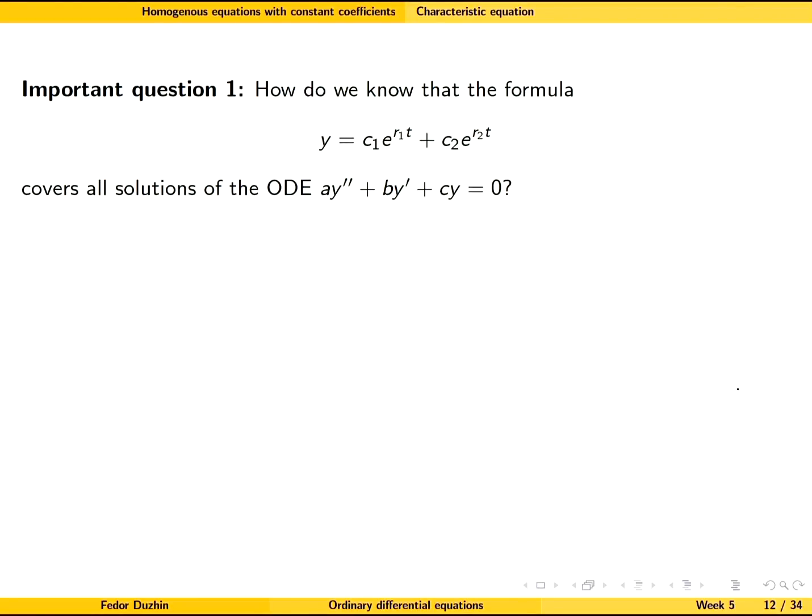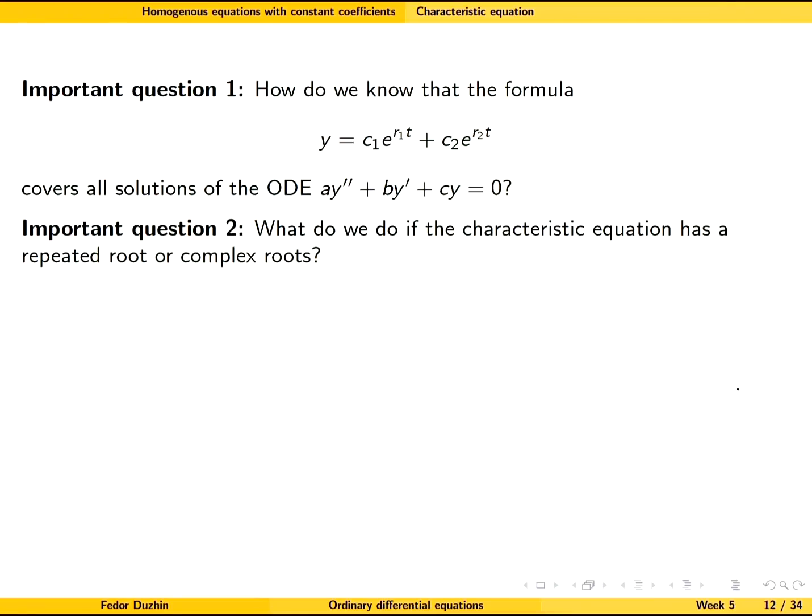However, we still don't know whether this formula covers all possible solutions of the differential equation. And the other thing that we don't know yet is what if the characteristic equation has a repeated root or complex roots. It may happen, right?